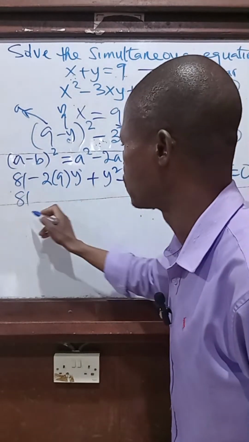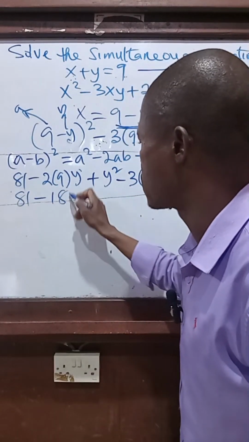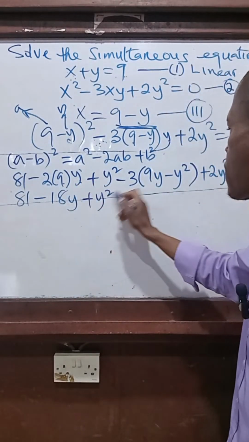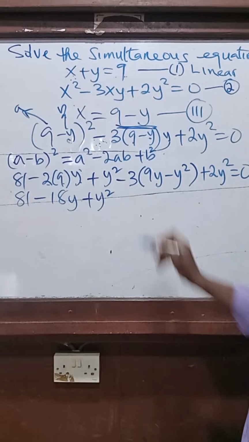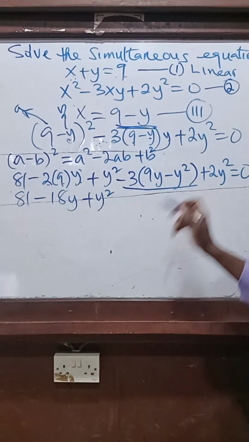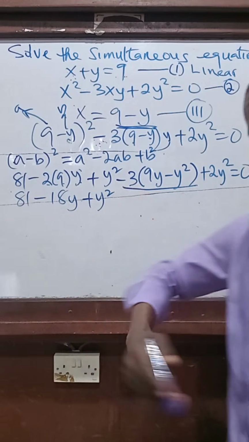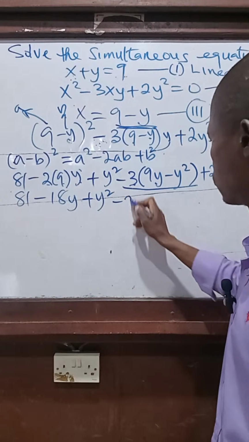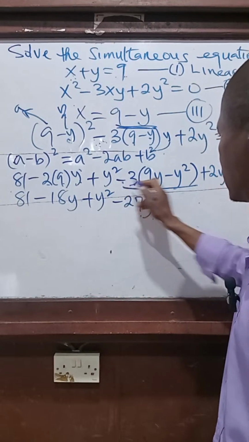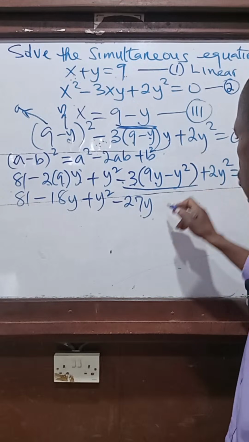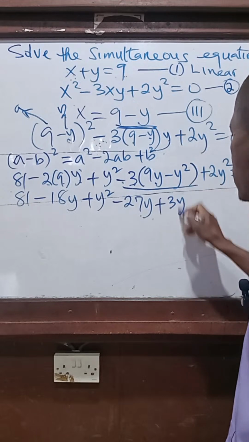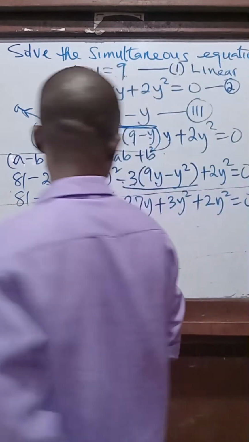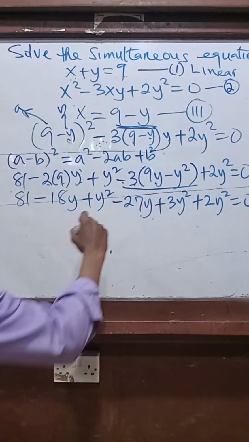So this will be 81 minus 18y, 2 times 9 times y, plus y squared. Then open the brackets, allow the 3 to go in, and that will be minus 3 times 9, that's minus 27y, minus 3 times minus y squared, that's plus 3y squared, and then plus 2y squared equal to 0. We can combine.